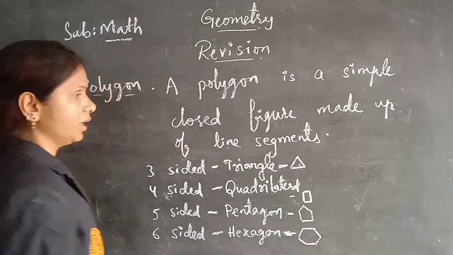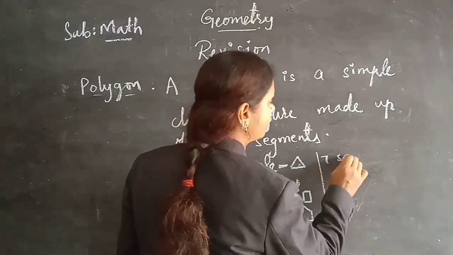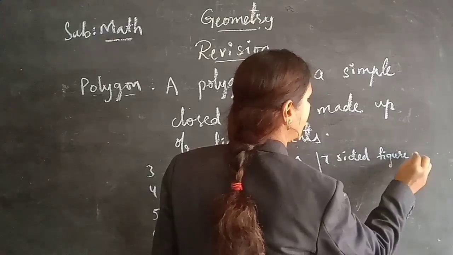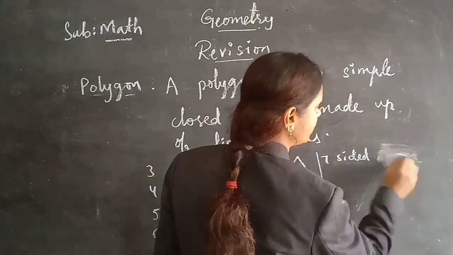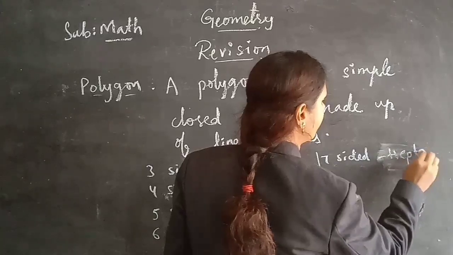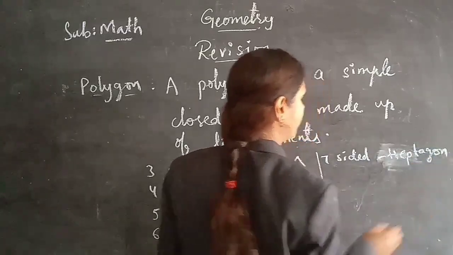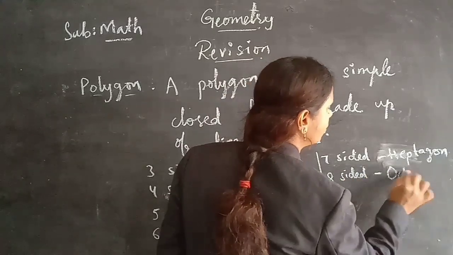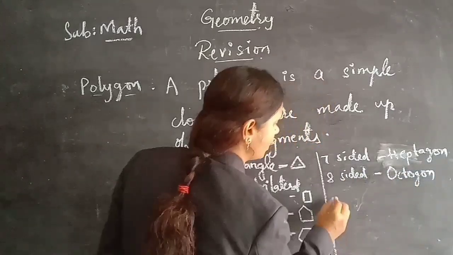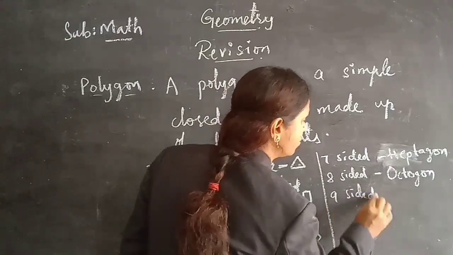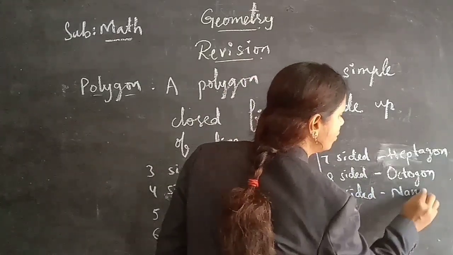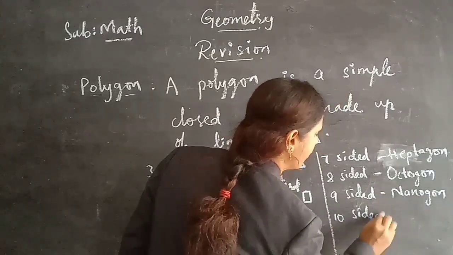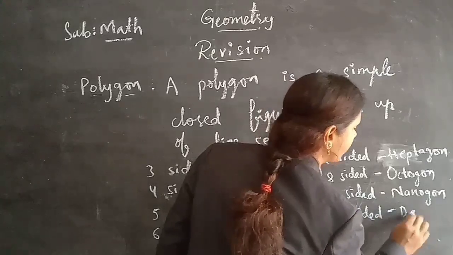These are the hexagon shapes. Next, a seven-sided figure, you can take here, is a heptagon. And an eight-sided figure is an octagon. A nine-sided figure is a nonagon. And a 10-sided figure is a decagon.